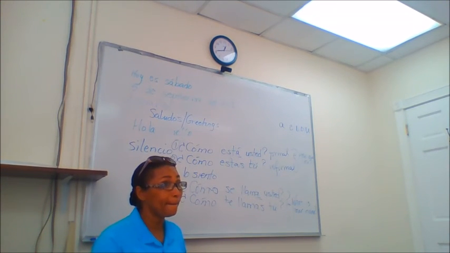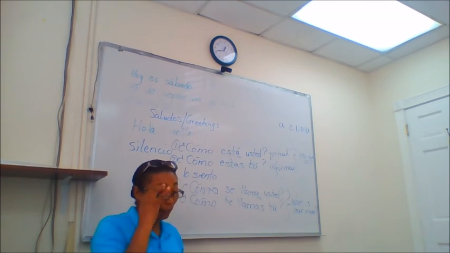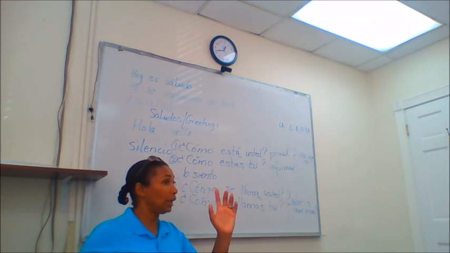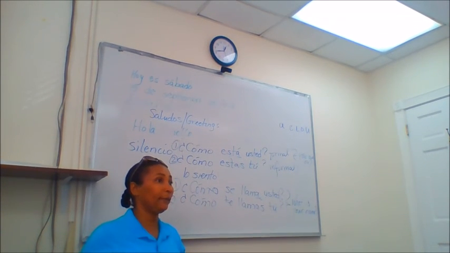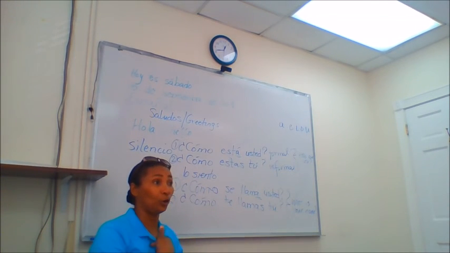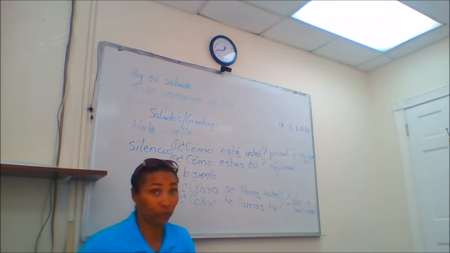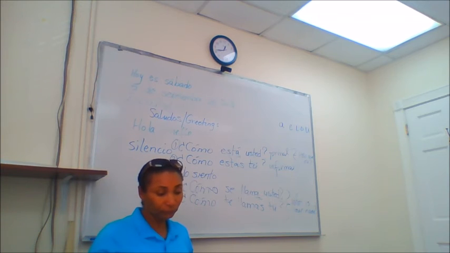I speak a lot would be hablo mucho. If you put usted, that's you, but you're talking about yourself, so hablo says I. So I speak a lot of Spanish: hablo mucho español.